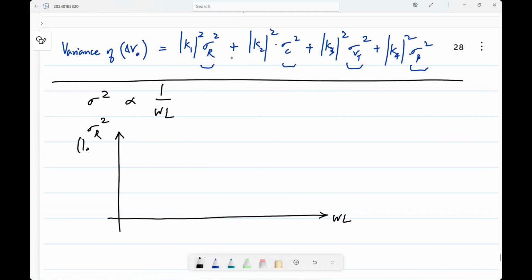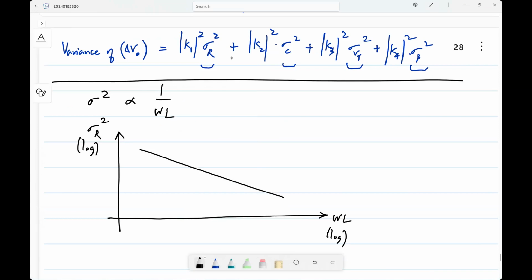And if I plot this on a log scale, what will the curve look like? Yeah. So it will be a straight line with a negative slope.